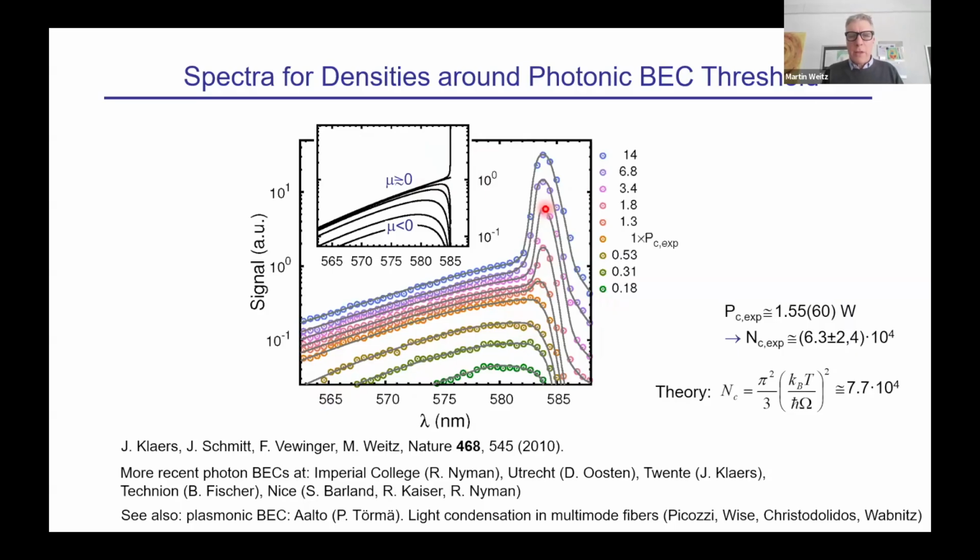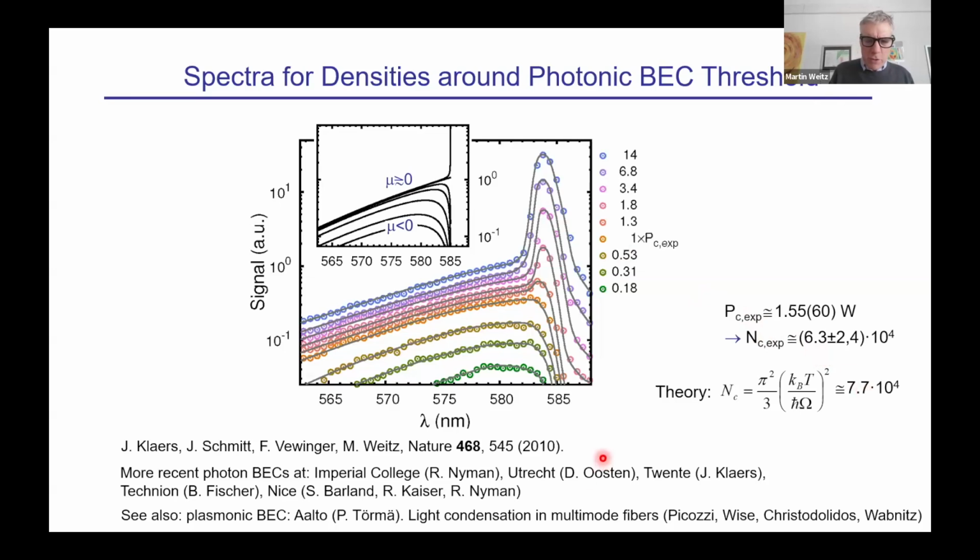That's wider than theoretically expected due to the finite resolution of our spectrometer. The photon number where the BEC sets in is at about, well, the power is about 1.5 watts, and the photon number is 63,000, which within experimental accuracy agrees with the expected value.